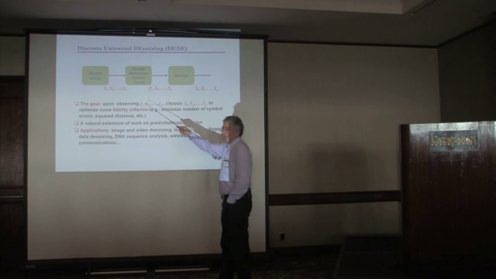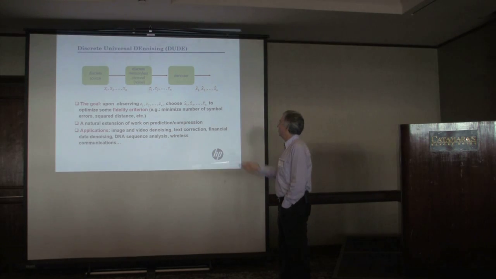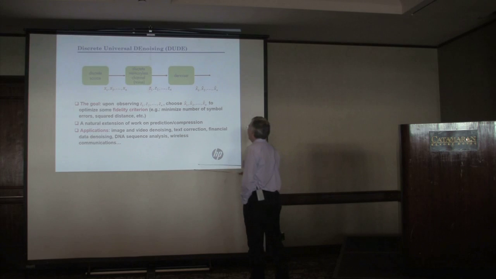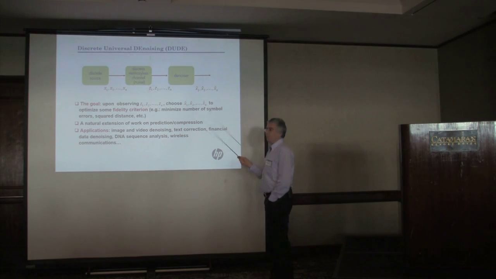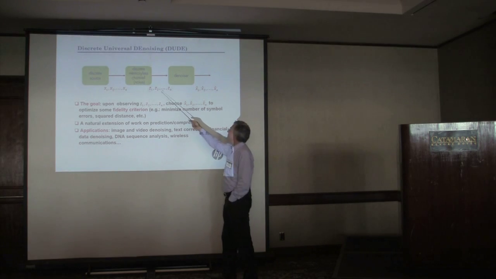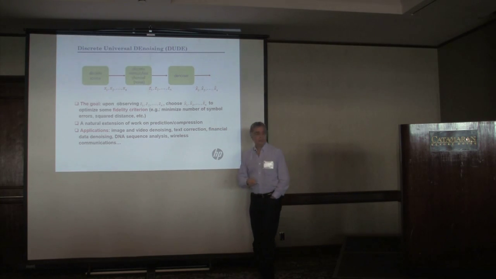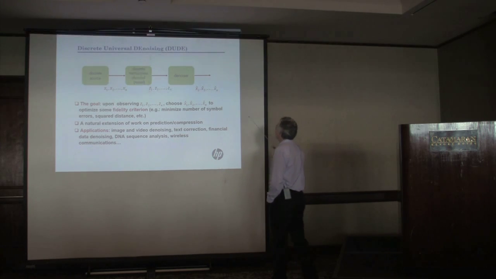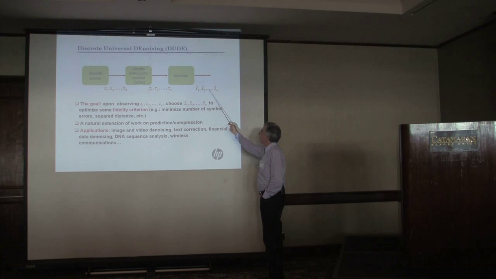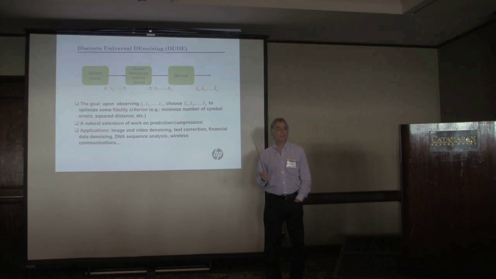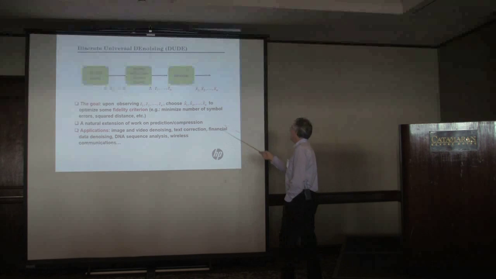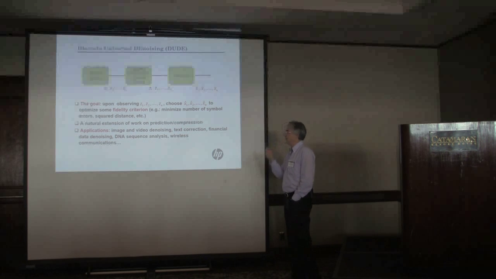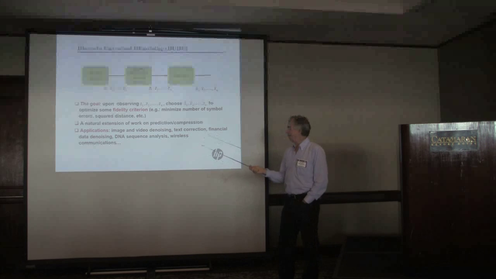You have a discrete source of data, the sequence that we will call X. We assume that the data is corrupted by noise, which will be modeled as a discrete memoryless channel, and you get your corrupted data Z, and your goal is to denoise that data to come up with estimates of the original data in order to optimize some fidelity criterion, which could be to minimize the number of symbol errors, square distance, etc. And I don't need to mention all the applications.